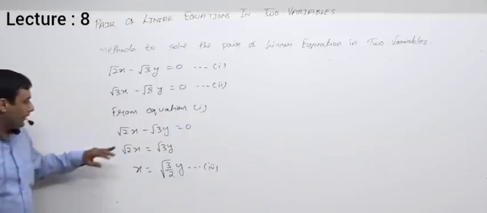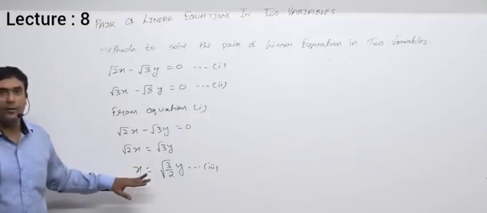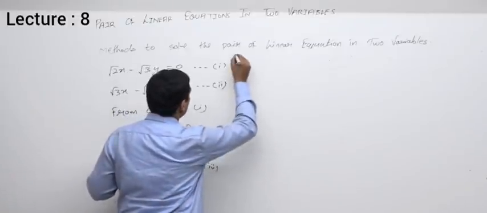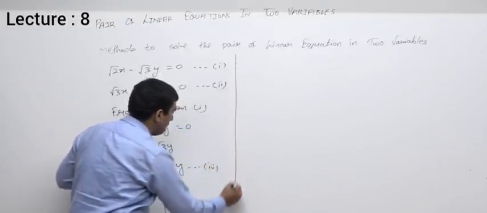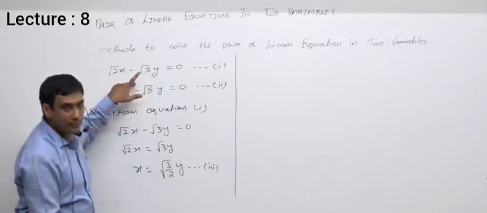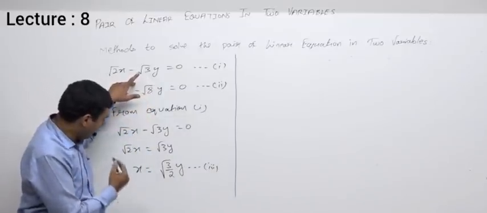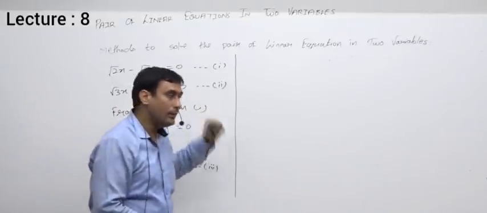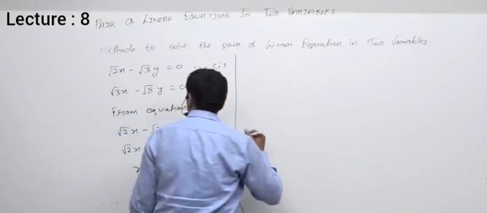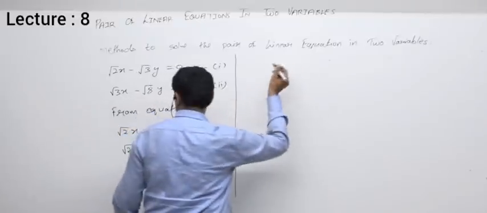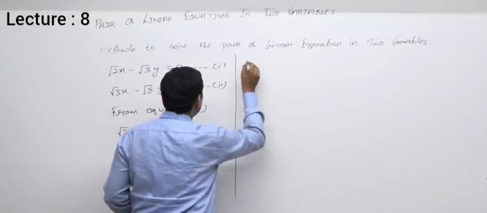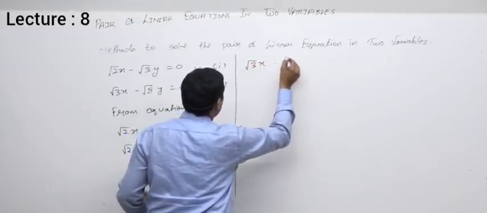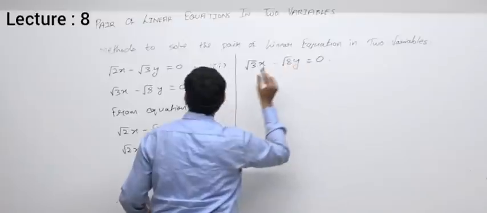Now what I have to do, I have to put this value of x in equation number 2, not 1, because I got this value of x from equation 1, so I will put it in equation number 2. Okay, so root 3x minus root 8y is equal to 0.